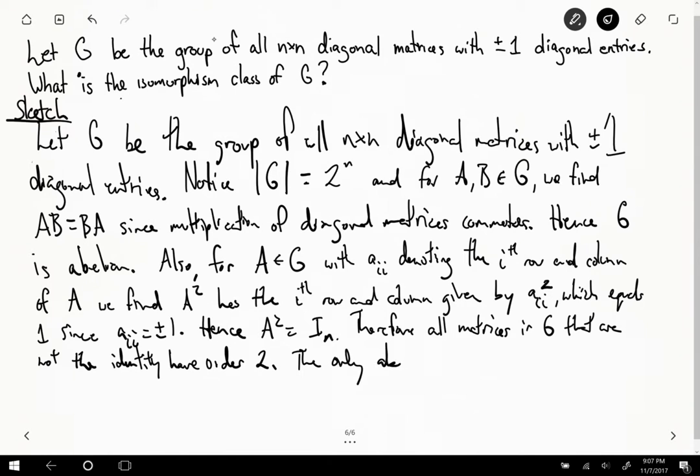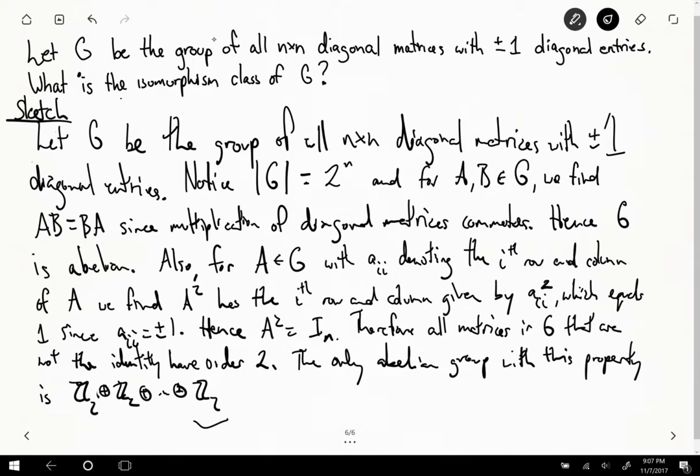The only abelian group with this property is, we'll write it this way, the direct product of Z2 with itself, where this is n times.